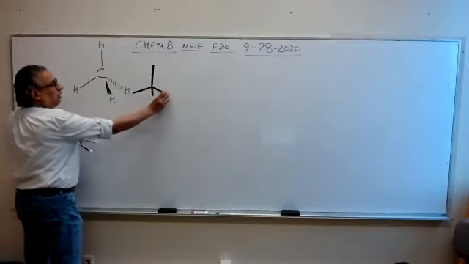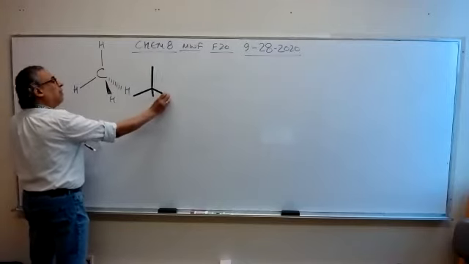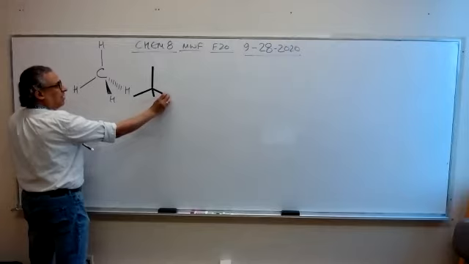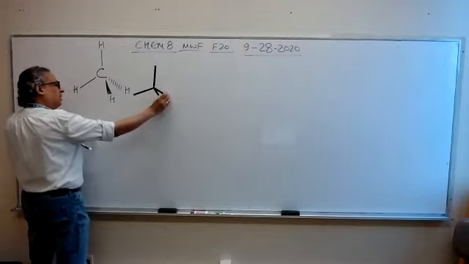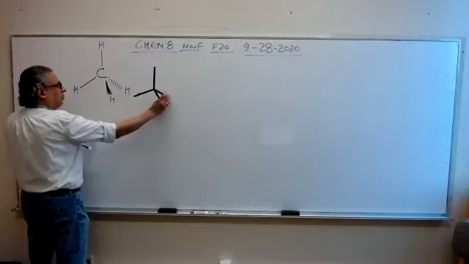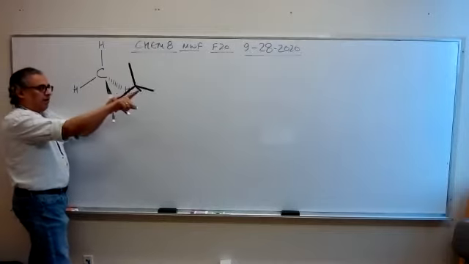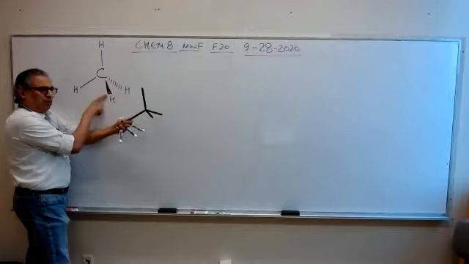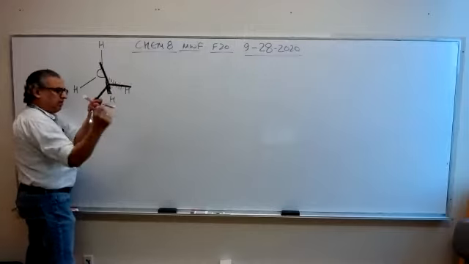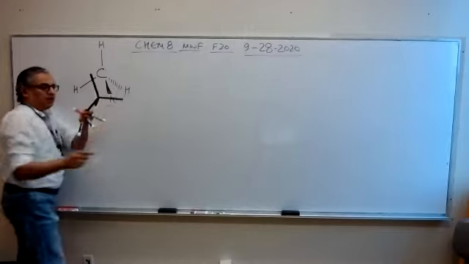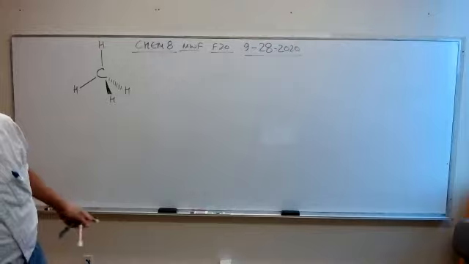Okay, 2 bonds: the one that's going up north, that's on the whiteboard. The one that's southwest, that's on the whiteboard. The one that's coming toward this direction, this is out, that's the wedge. And the one that's behind the whiteboard, that's with the dash line, right? Okay, I'm not going to spend a lot of time.